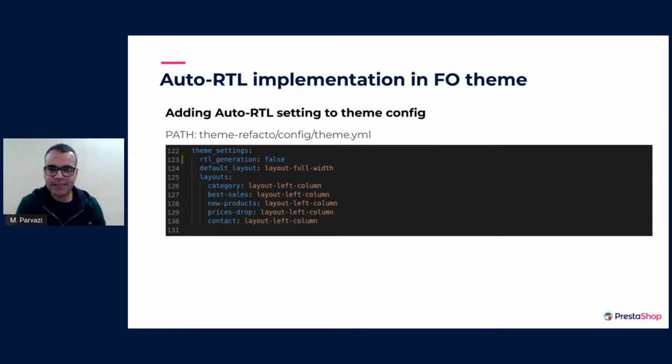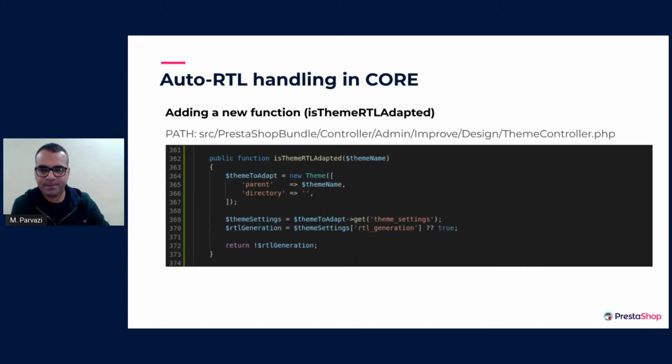when you want to make an RTL adopted theme, you can use the theme config file to add rtl_generation to the config file. Then we use this config file to manage the RTL generation for themes.